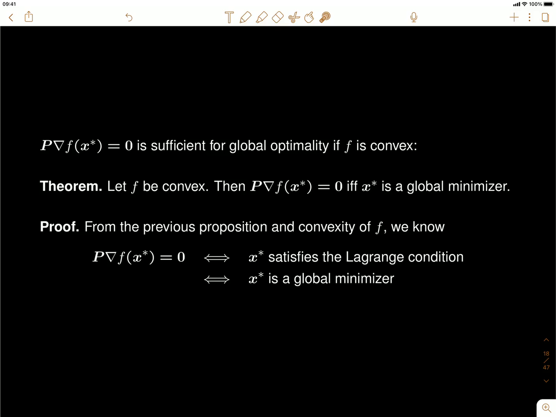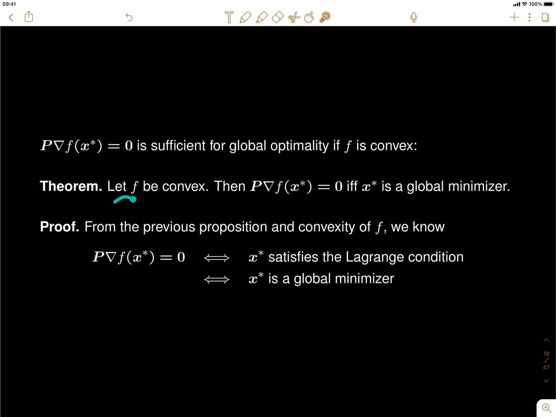And this is actually due to the property of convex functions we introduced in the last chapter. When the function f is convex, we can often guarantee that the necessary conditions are also sufficient. And back to this situation, we can easily see that as well.